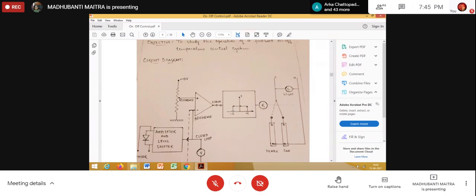Since E is greater than or equal to capital E, which is equal to 5 volt, H on will be 1. So at this point, the fan will be cut off from the circuit and the heater will be connected. The heater will get connected in the circuit.